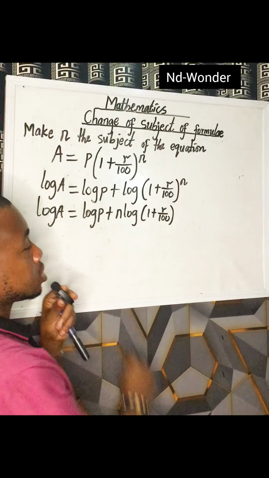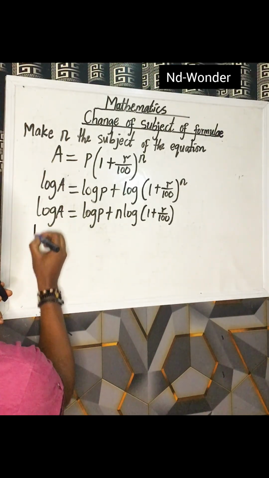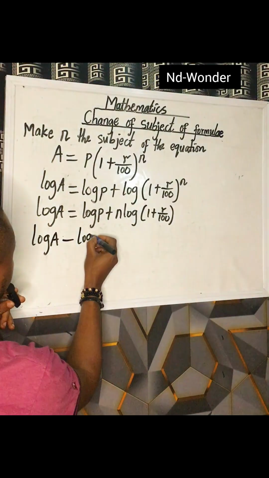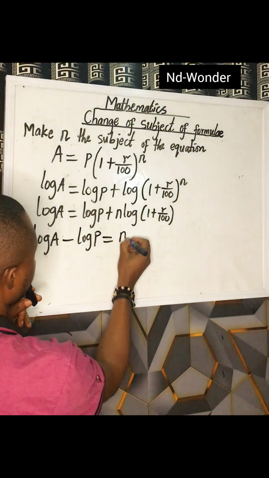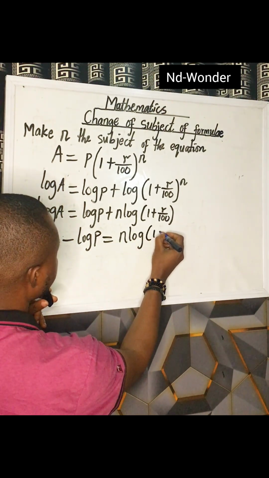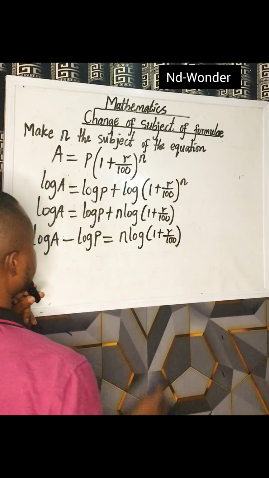Then I'll subtract log p from both sides. What I have here becomes log a minus log p, which will be equal to n log of 1 plus r over 100.